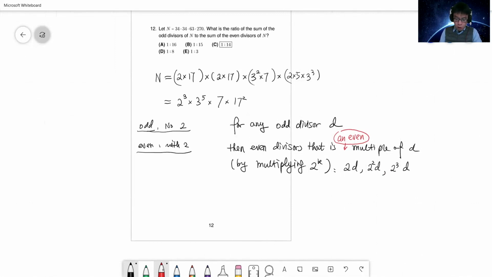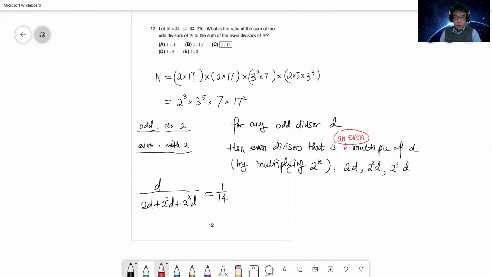Now, this ratio is D over 2D plus 2 square D plus 2 cube D. This is 1 over 14. So the ratio here is 1 over 14 if we consider any specific odd divisor, and this ratio is the same for any odd divisor.